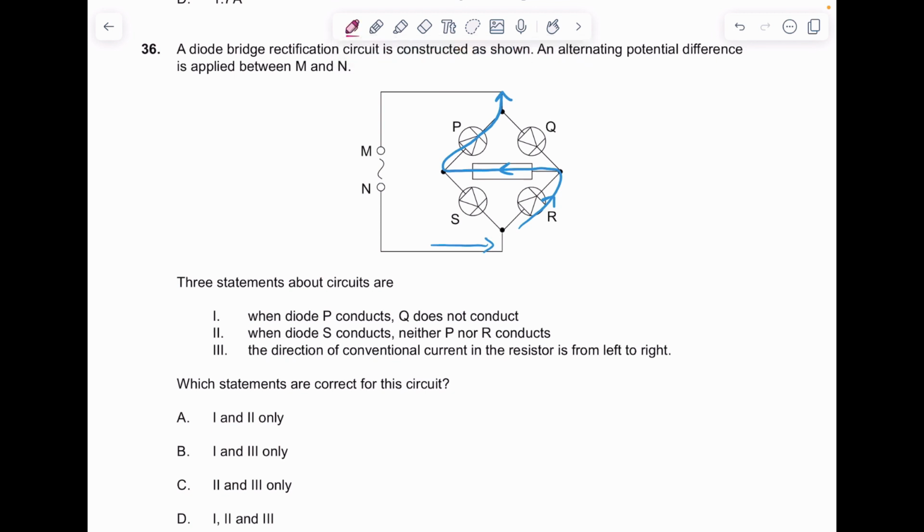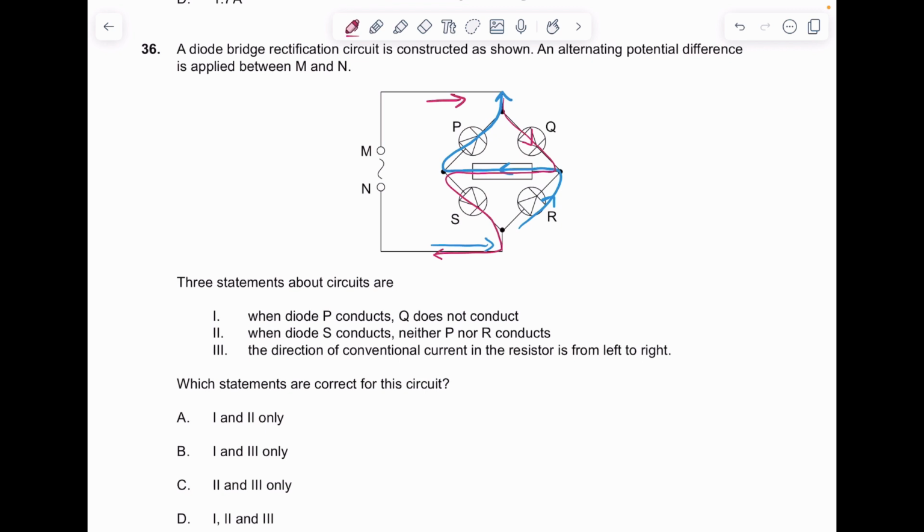If the current is flowing from M to N in this direction, we're going down through Q, then through the resistor, through S and out to N. So we've got 2 possible current paths: up through R, through the resistor and out, or down through Q, through the resistor and out through S. So when diode P conducts, Q does not conduct.